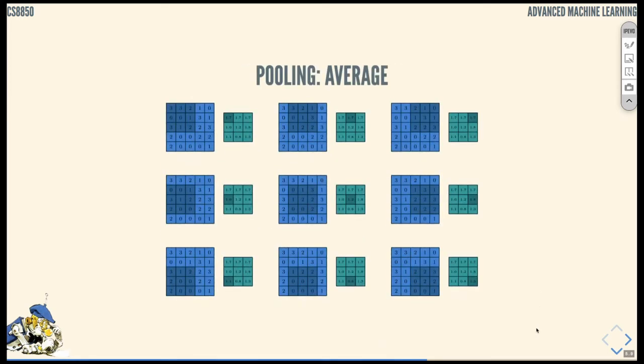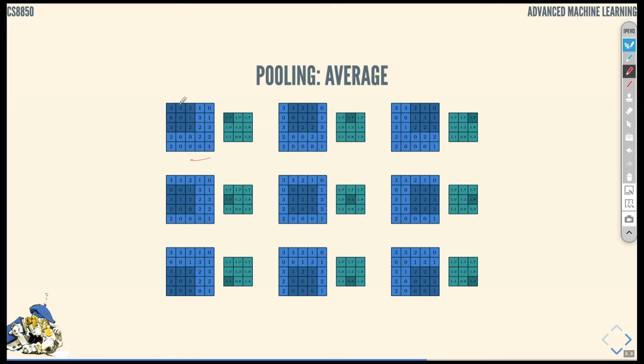Another type of pooling is average pooling, which is clearly differentiable: a normalized sum, or sum with a factor. So it is easy to differentiate, a linear function. So what we have here is average pooling.